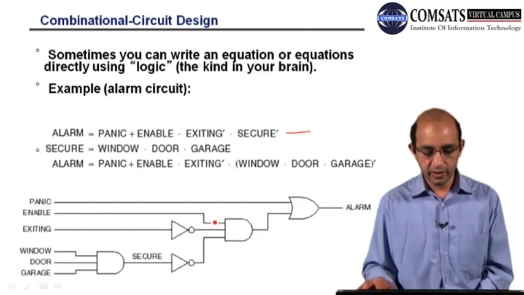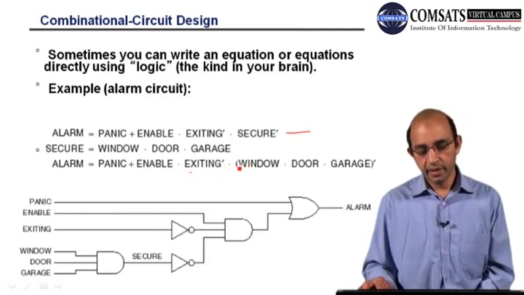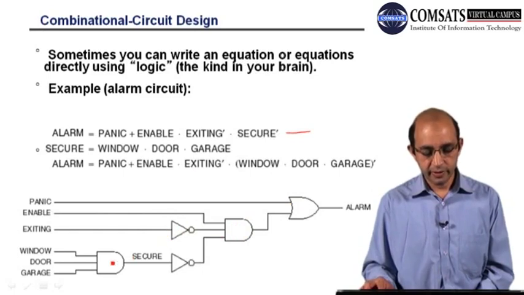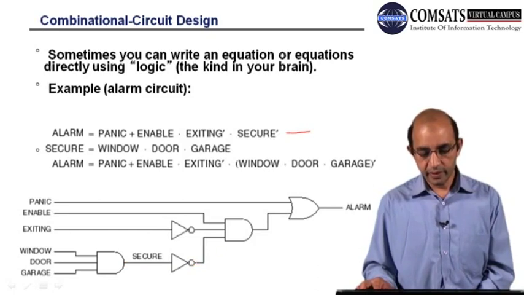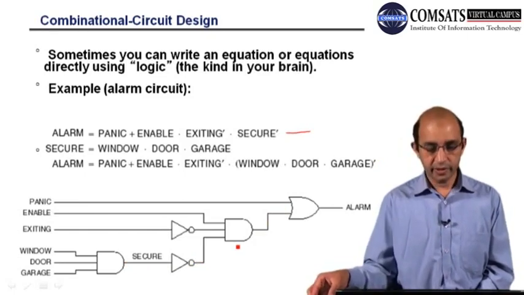So they are ORed. Enable with exiting bar, and then dot window dot door dot garage. So we have an OR operation over here, then we have an AND operation. Some inputs are inverted. So you can see that we have window, door, garage, and it has to be inverted due to this sign. So this is the combinational circuit design.